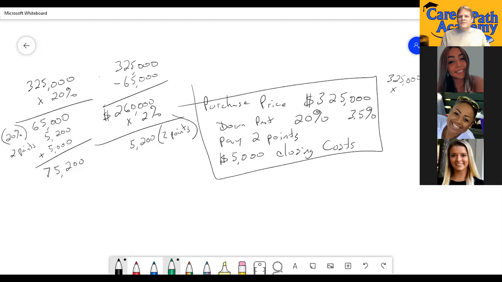Same scenario, but 3.5%. I want you to see how these government programs or these subsidized programs make it a lot more affordable to get into housing, to become a homeowner.